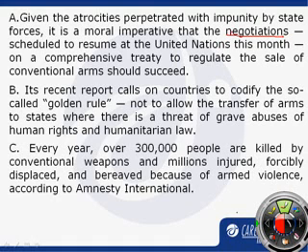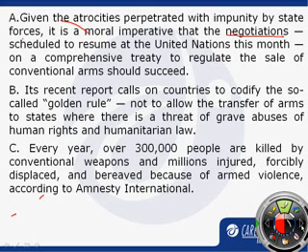And B says, its recent report calls on countries to codify the so-called Golden Rule, not to allow the transfer of arms to states where there is a threat of grave abuses of human rights and humanitarian law. So its recent report clearly connects to Amnesty International. So I know that CB forms a mandatory pair.